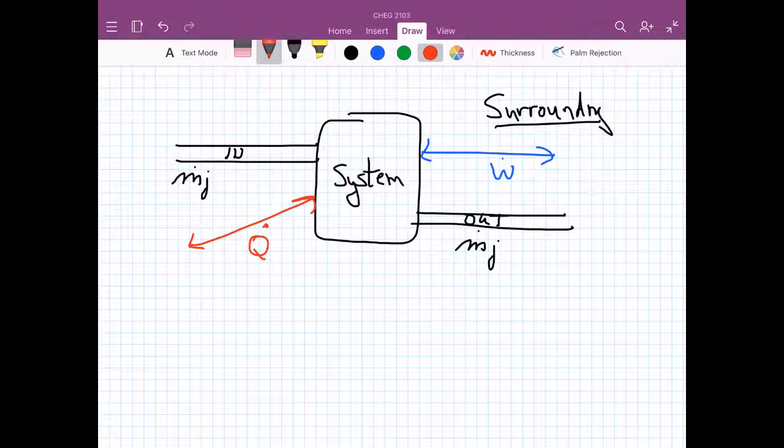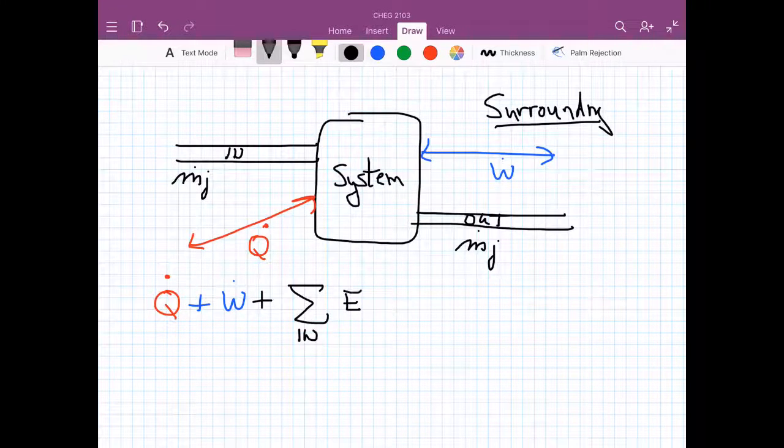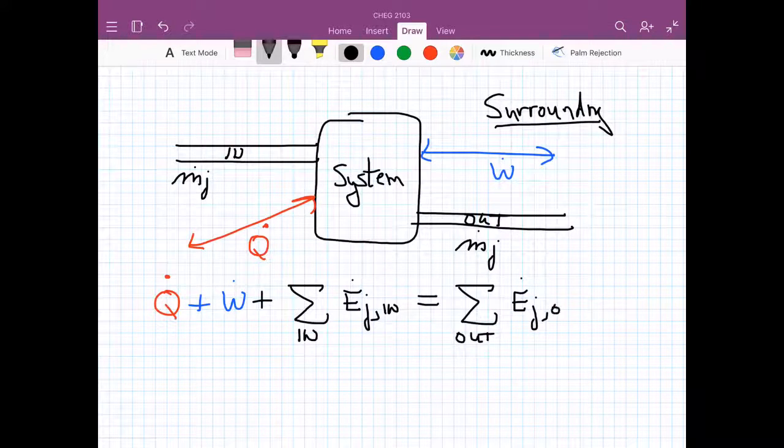So I know that is going to be the heat that I add or remove to the system, plus the work that I add or remove to the system, plus the sum over all of the inlet streams of the total energy carried by those streams in, and that has to equal the sum of all the streams leaving of all of the energy going with those streams leaving.